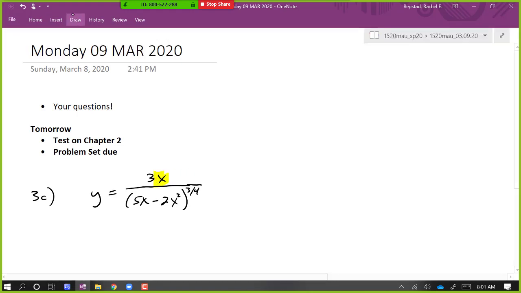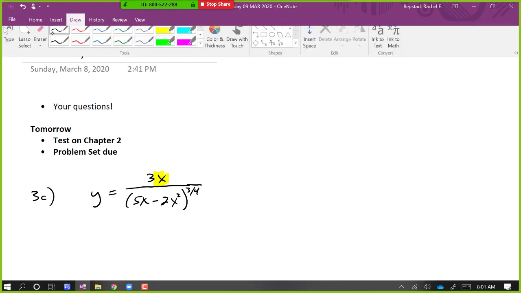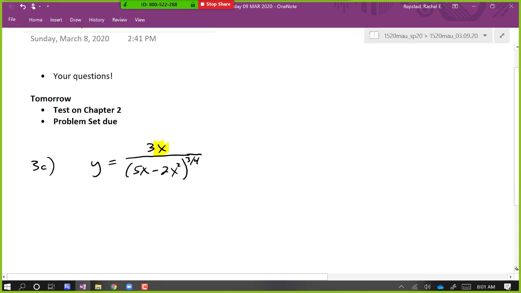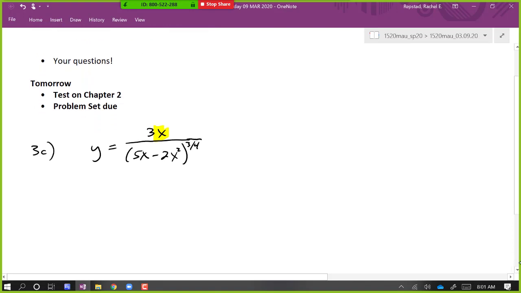So we either use the quotient rule in the form that it's in now, or if we bring the denominator up to the negative 3/4 power, we change it to a product rule problem. Either approach will work, but there's no immediate advantage to doing that. Which way do you want to proceed? Quotient rule. Okay.